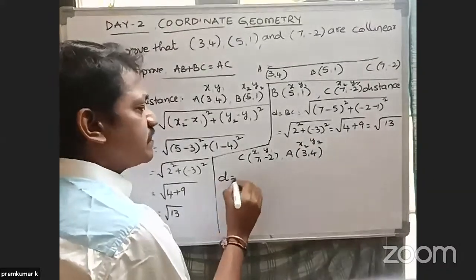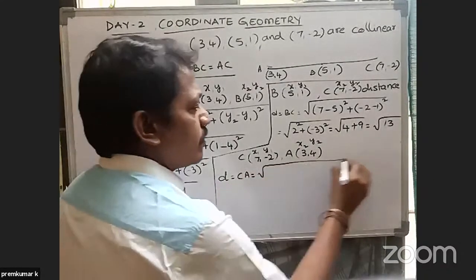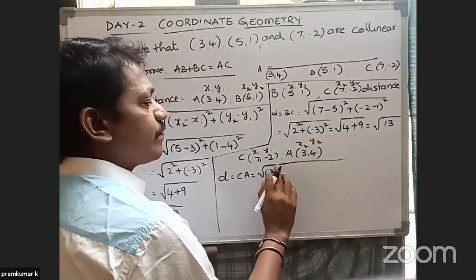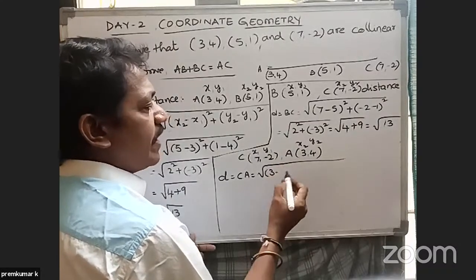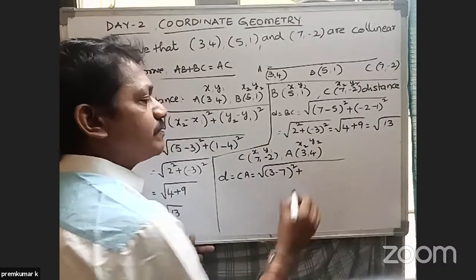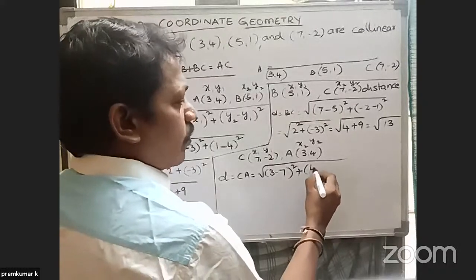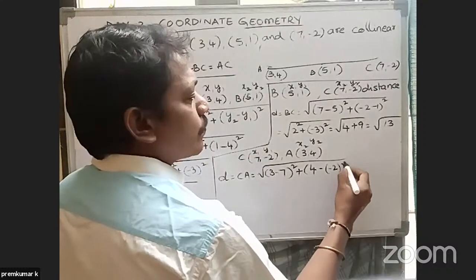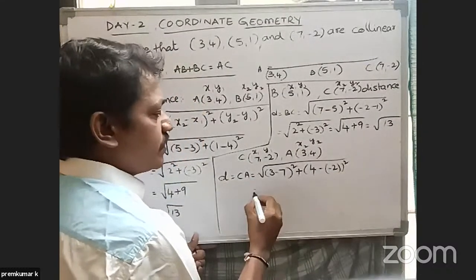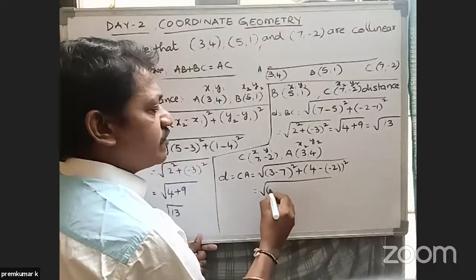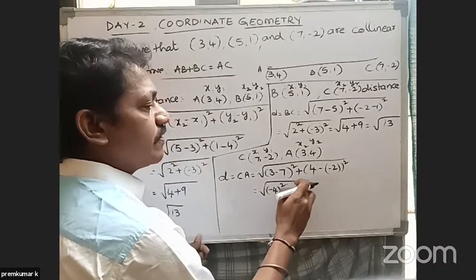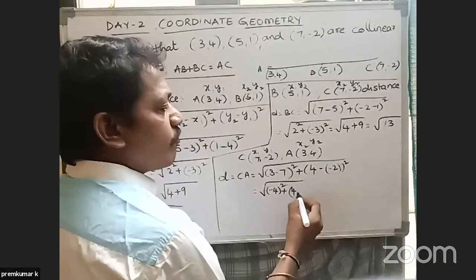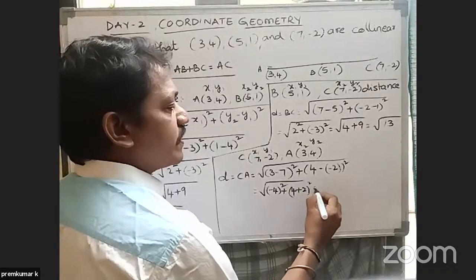Now distance CA, x2, that is 3 minus 7 square, y2 that is 4 minus y1, which is minus 2. 3 minus 7 is minus 4 square, and here 4 minus of minus 2, that is 4 plus 2 whole square.